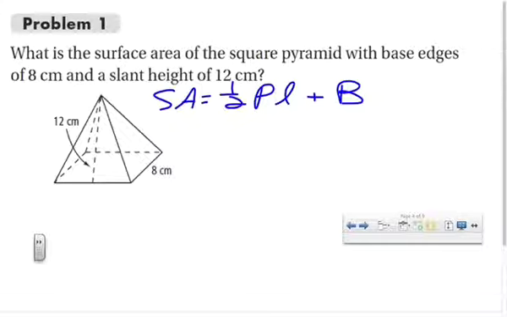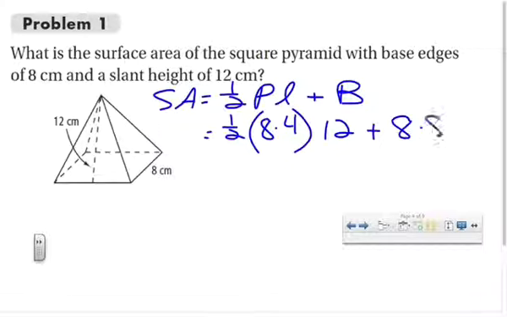Yes, I do. So 1/2 times the perimeter, which is 8 times 4. My lateral height is 12, plus the area of my base. My base is a square having side length 8, so the area is 8 times 8. Calculate.